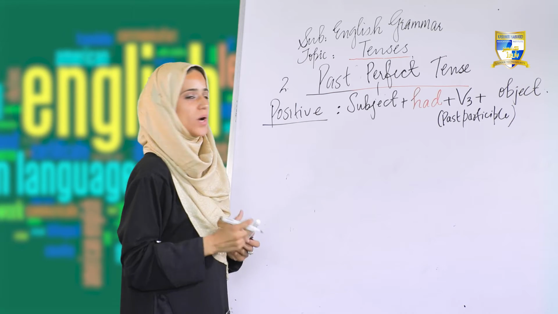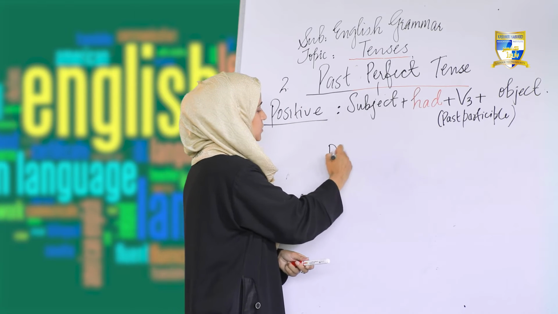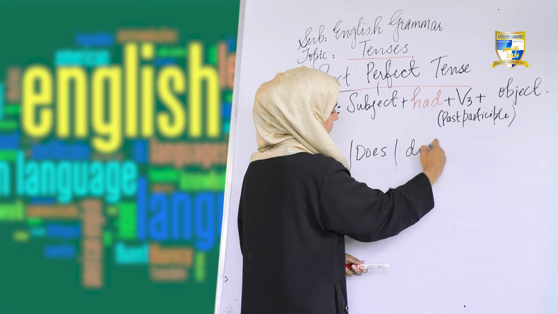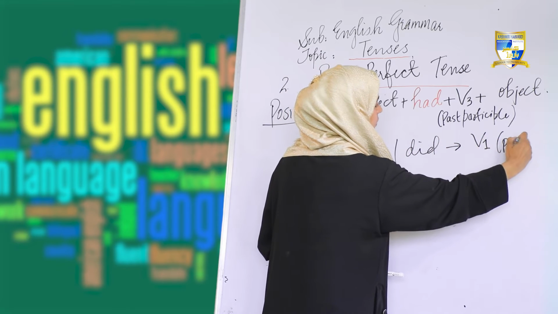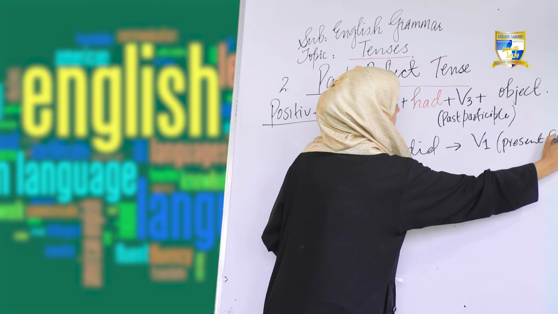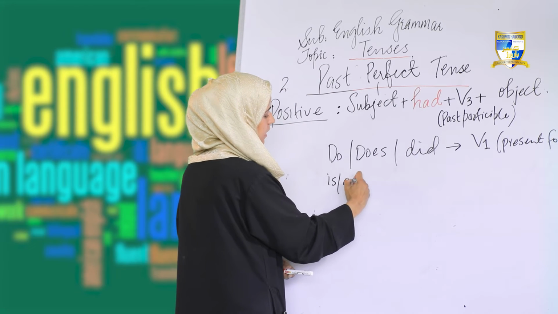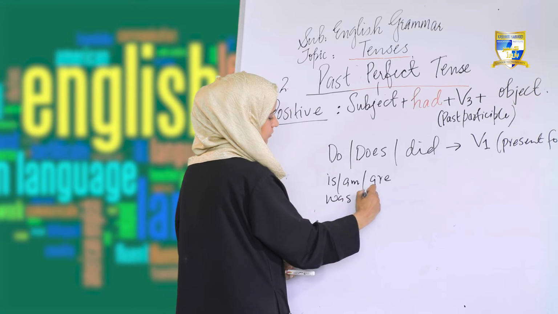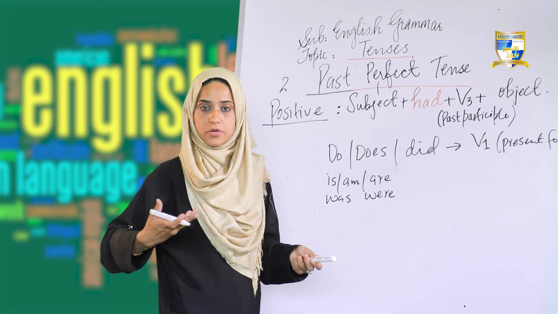So dear students, one simple trick you have to remember: whenever we are using do, does and did, there we use verb 1, the present form. When we are using is, am, are, or was, were, this simple trick will help you remember which form of verb to use.